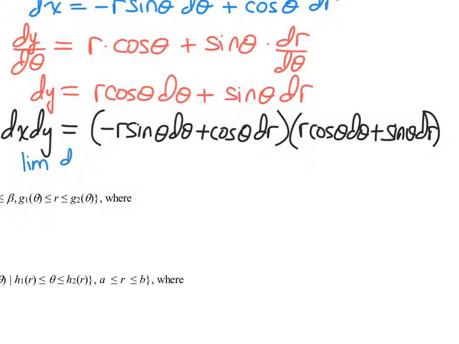So the limit of dx dy as theta approaches 0, right? And that's because we want to have infinitesimal x and y, but we also want to have infinitesimal changes in theta and also infinitesimal changes in radius. So by limiting this as theta approaches 0, it's going to simplify down, number one, but also it's going to allow the parameters to close in on the most infinitesimal value.